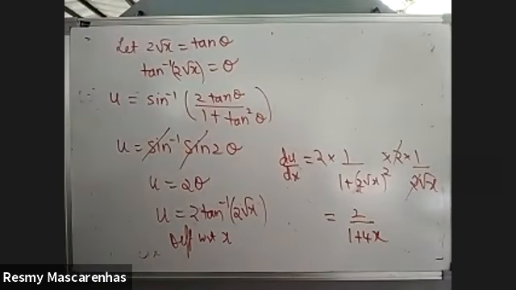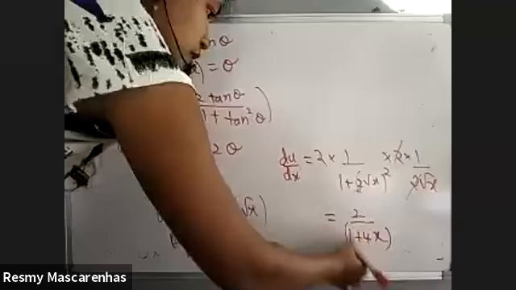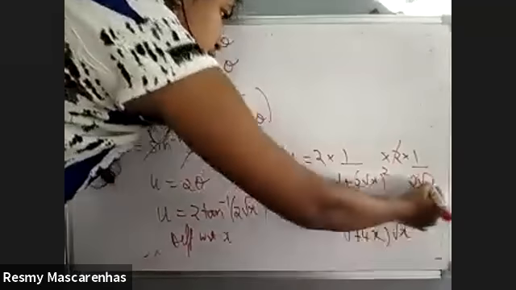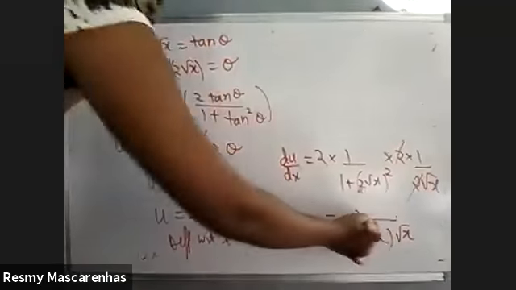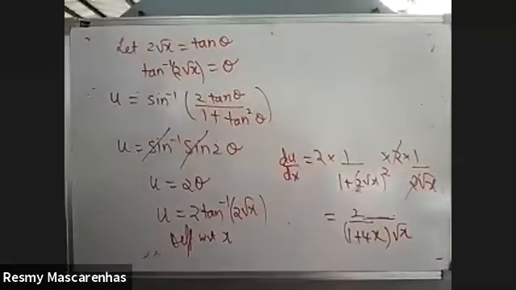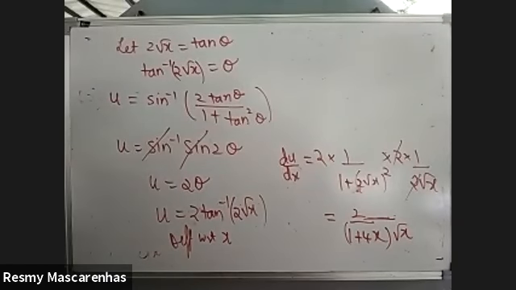So this will be your answer. And then one more root x is there, no? This fellow. Okay, so this is your du upon dx.